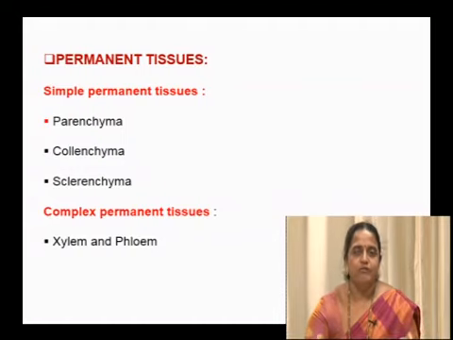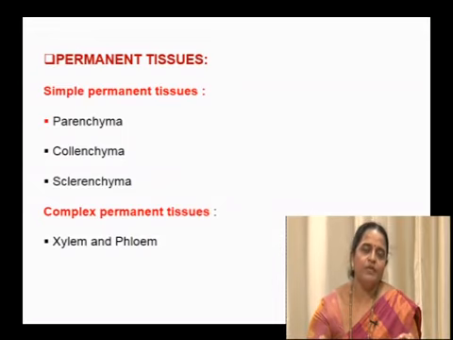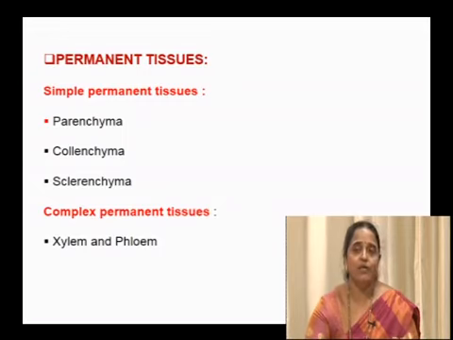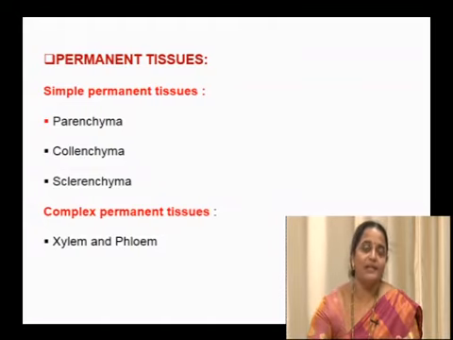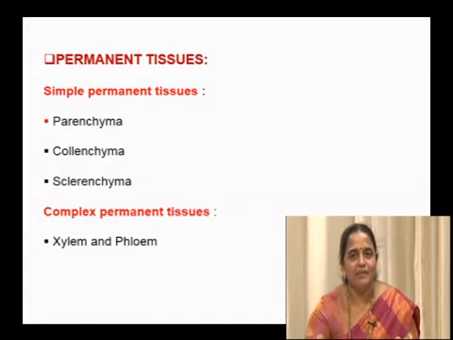The tissue which is absent in the root, present only in the aerial parts of the plant, giving tensile strength, is known as collenchyma. The tissue having dead cells, hard cell walls, known for mechanical support and protection, is known as sclerenchyma. Parenchyma, collenchyma, sclerenchyma, these are simple permanent tissues.